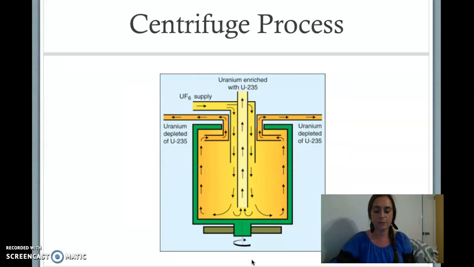Originally, the centrifuge process, where the heavier U-238 moved to the outside of the centrifuge, appeared to be the most useful method for isolating the uranium-235. However, a typical plant might have had 60,000 centrifuges to enrich natural uranium to 30% U-235. A centrifuge uses only 4% of the energy that a gaseous diffusion plant does, which is what we will talk about next.